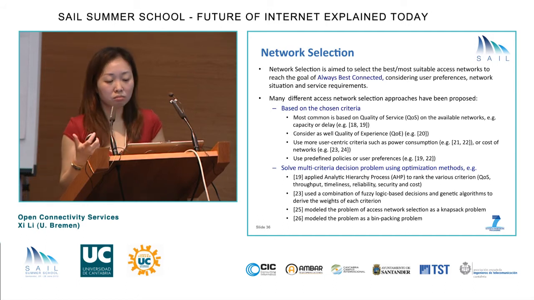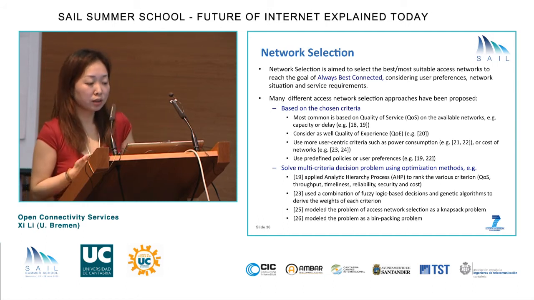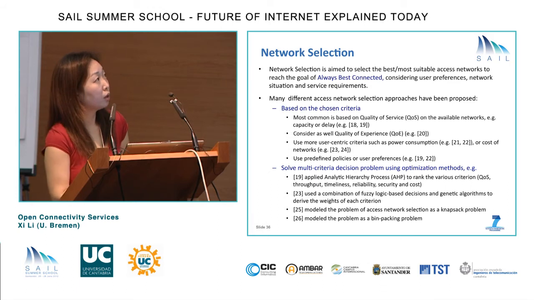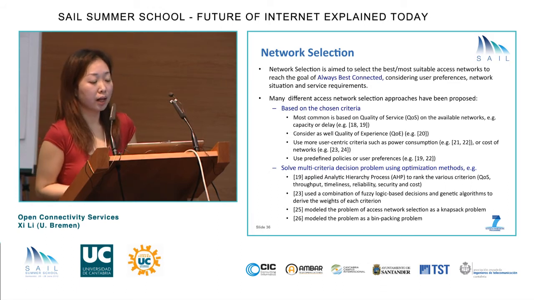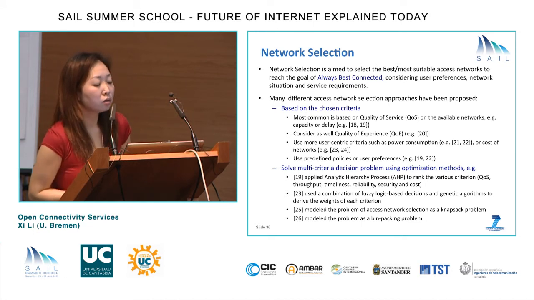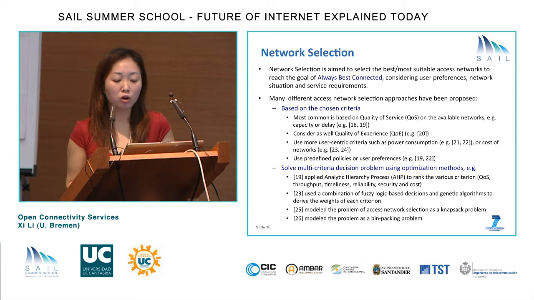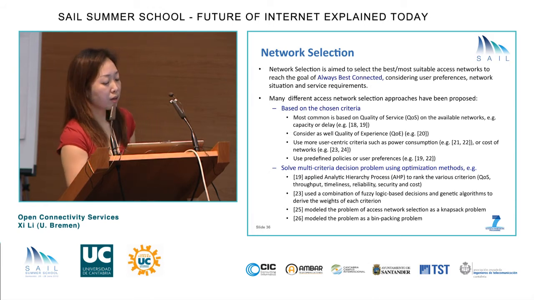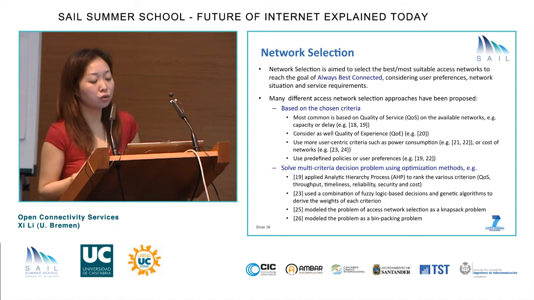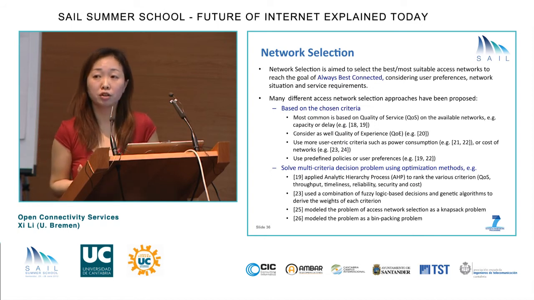As we want to study network selection, firstly we have different criteria about how to select the best access network. Some studies choose criteria based on the quality of service of the available networks, and some choose to consider the user's quality of experience.